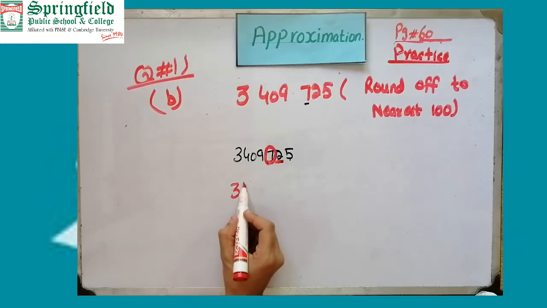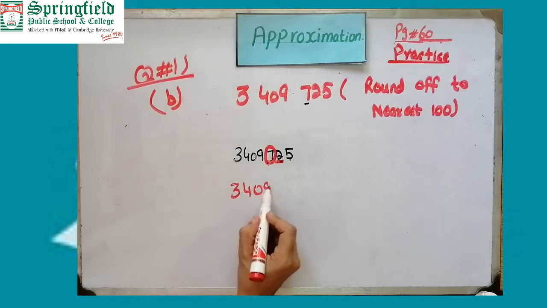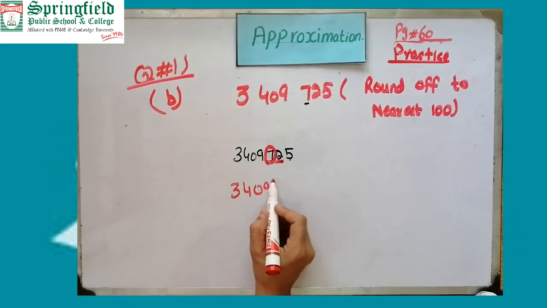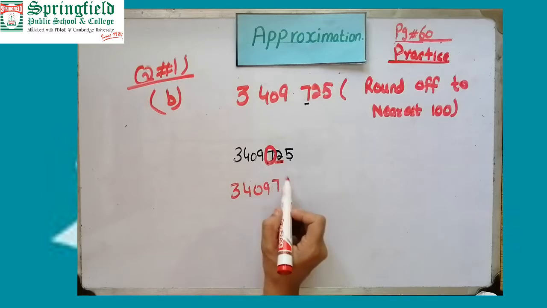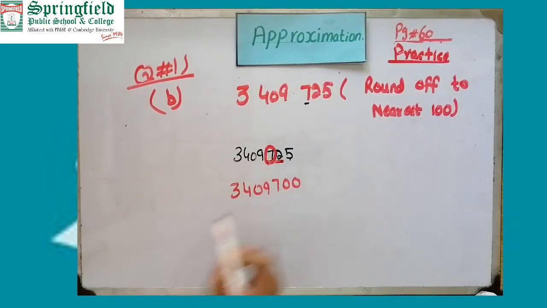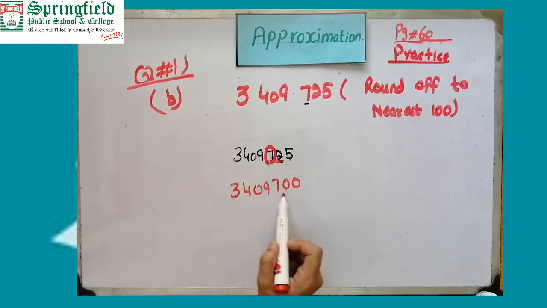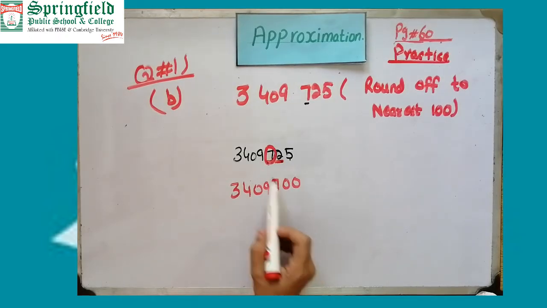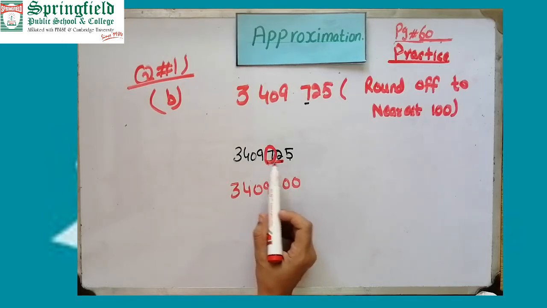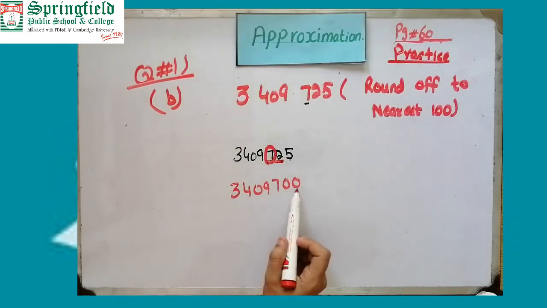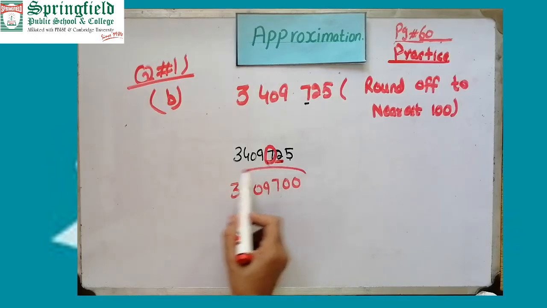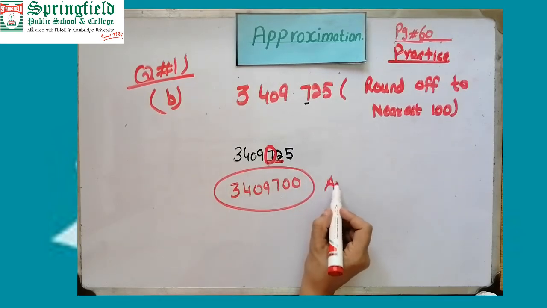So what will be the answer? 3, 4, 0, 9 will be written the same, and then 7, then 0, 0. Fine. When the digit after the circled digit is less than 5, we write the circled digit the same. The circled digit is 7, so we write the same 7, and then after the circle all the digits become 0, 0, and this is your final answer.